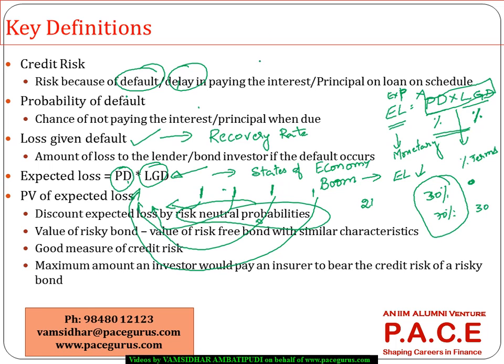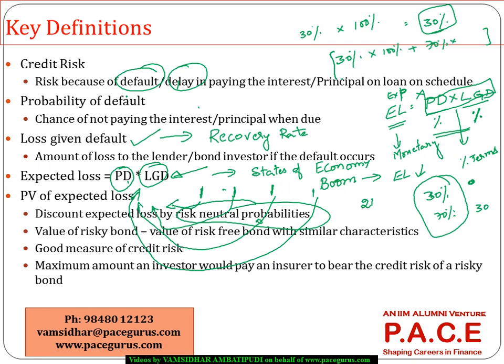See, when I take the probability of default, we are saying 30% is the probability of default, and the loss given default is 100%. So the expected loss, I am taking it as 30% into 100%, which is around 30%, and doing the work. But when I go with a risk neutral probability, there is a 30% chance of losing 100%, whereas a 70% chance of losing something else.